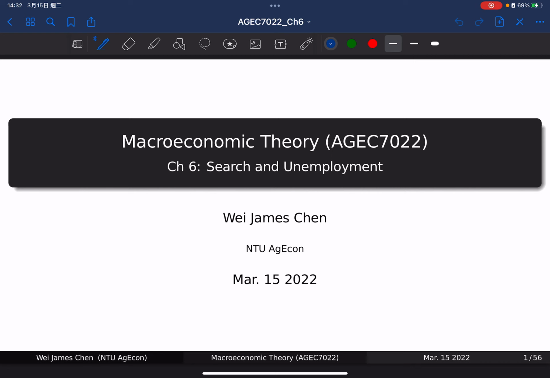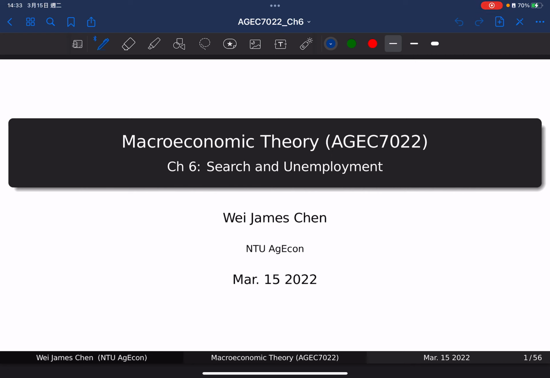You may even learn terms like natural rate of unemployment, something like that. But you don't really have a model that tells you why there is unemployment.